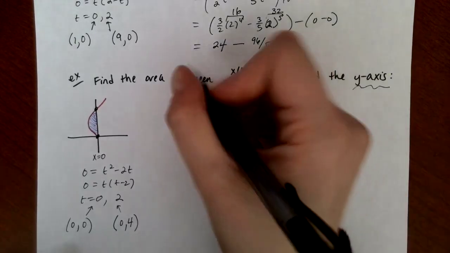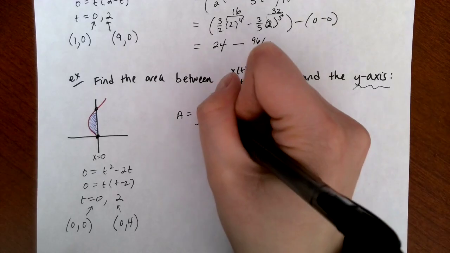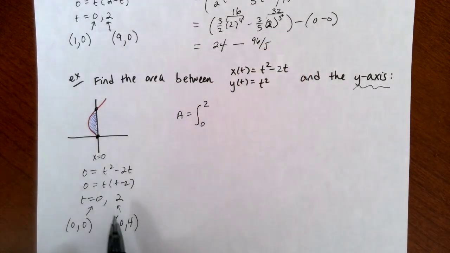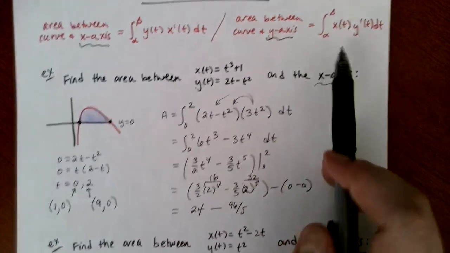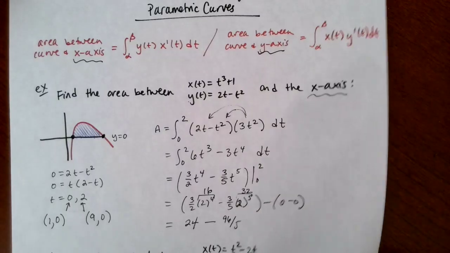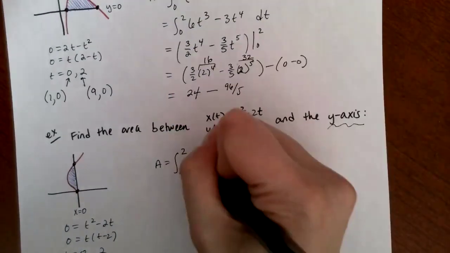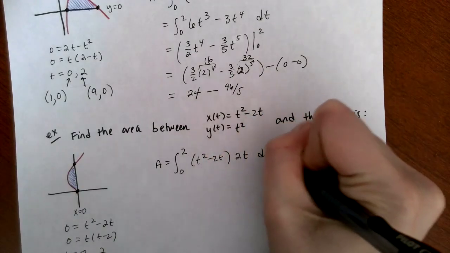Okay, so this one again, the area is the integral from 0 to 2, because these are the time values. And then if we're doing y-axis, it'll be x times y prime. So the x formula times y prime.